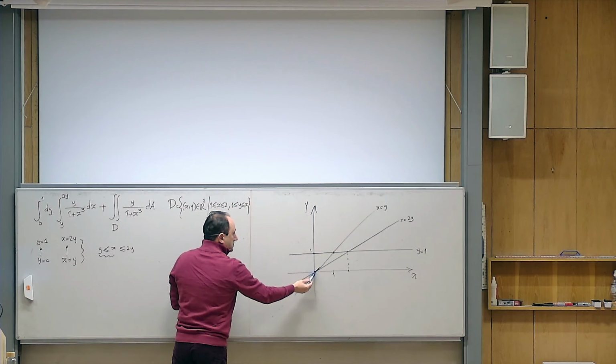Okay, so on the one hand, I am on this strip, yes, between y equals to 0 and y equals to 1. And on the other hand, I am on this side of this line and above this line. So hopefully you agree with me. This is this domain.